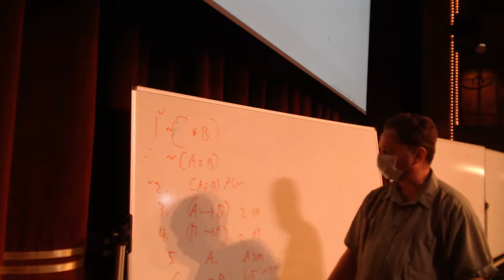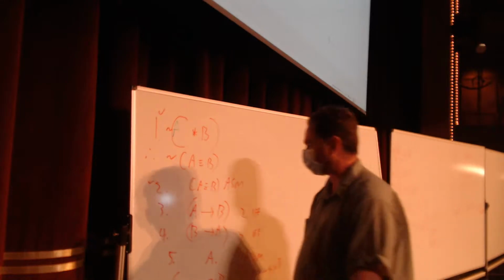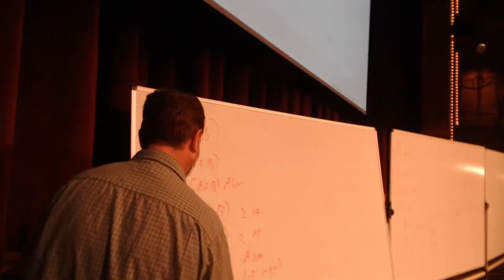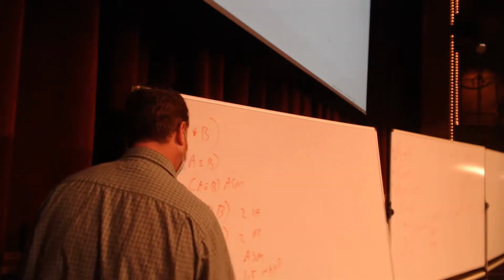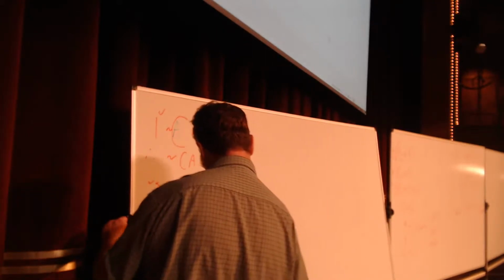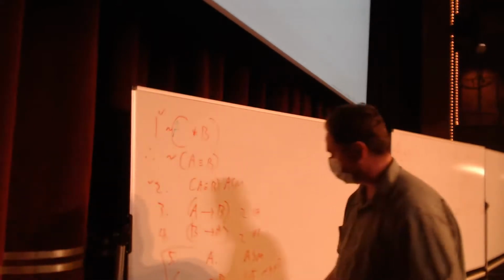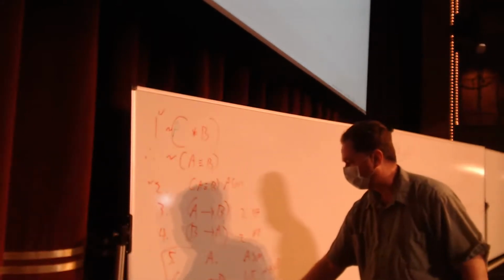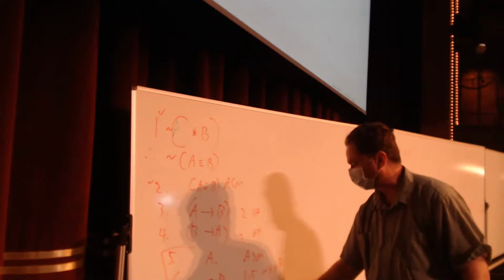That's the arrow rule. 6 and 7 contradict, which means I block this off and infer out the opposite of the most recent assumption, which is not A, from 5, between 7 and 8 contradicting.